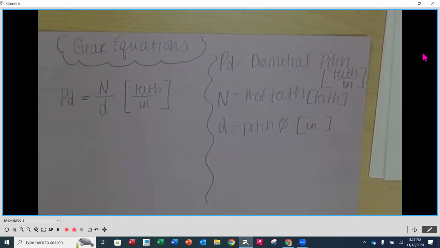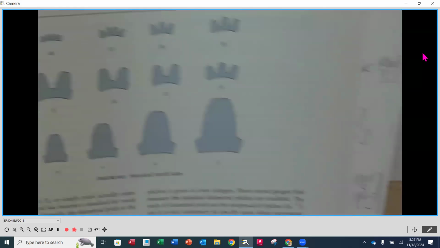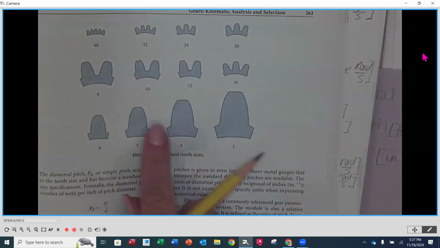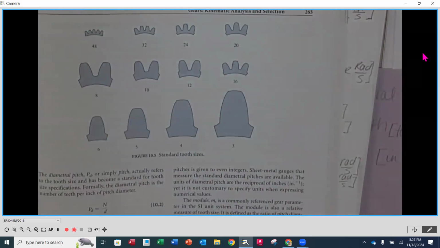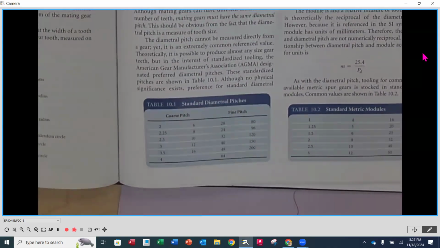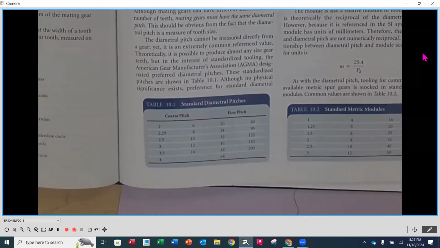So for instance, if we go back to that illustration, here are standard tooth sizes. These are all diametral pitch numbers, but notice they don't have teeth per inch in back of any one of them. We just call it out as the number of the gear. Additionally, down here are the diametral pitch sizes that are available, the standard sizes. Notice it's not every size.